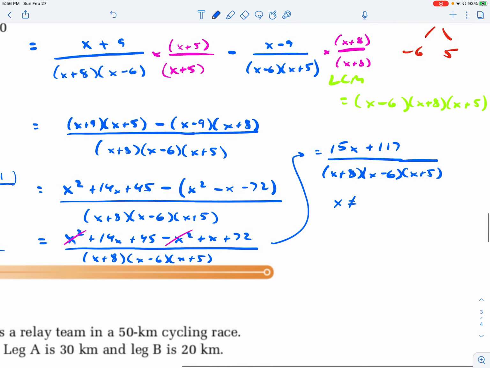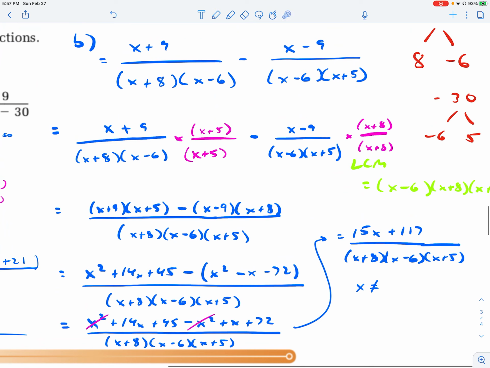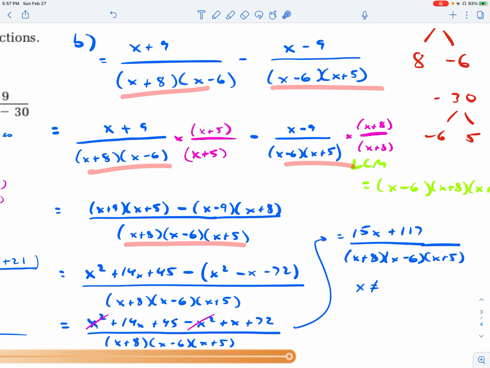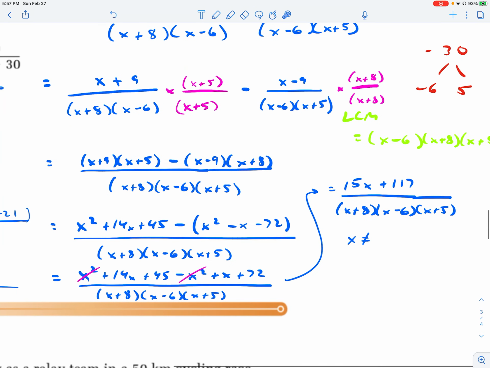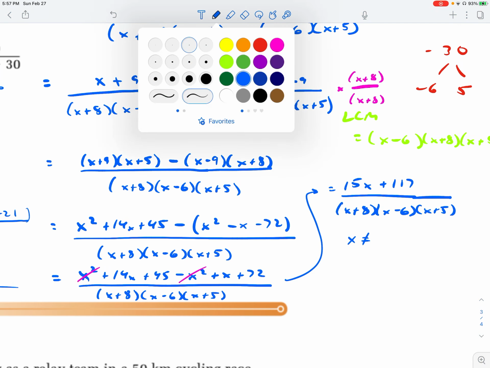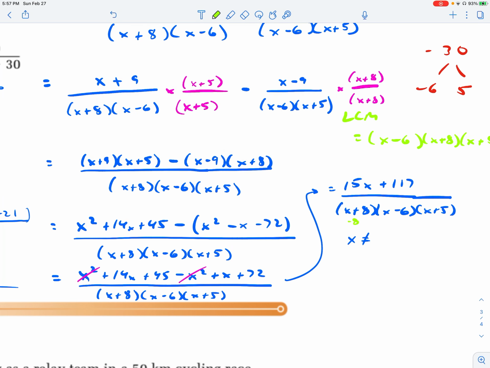The nice thing about these questions when you're adding and subtracting is that our zeros stay the same all the way through in the denominator. So you can almost just look at the last line here. So I know x can't be negative 8, 6, and negative 5.